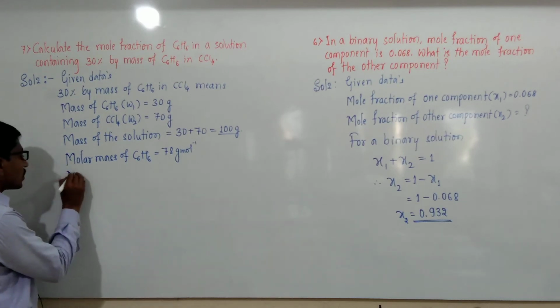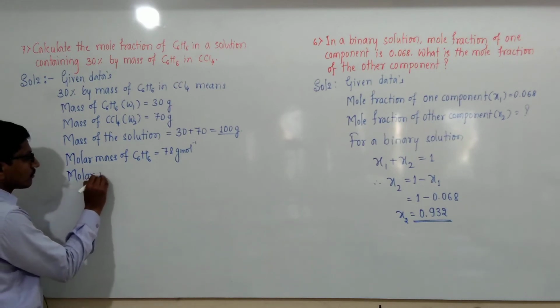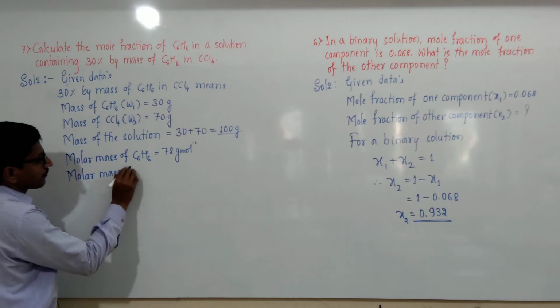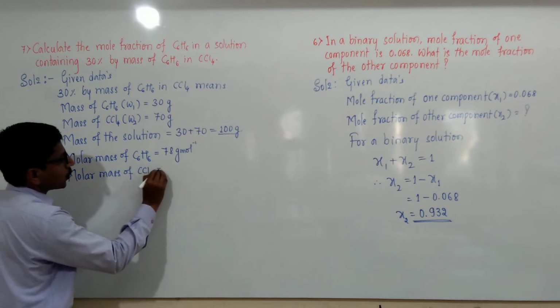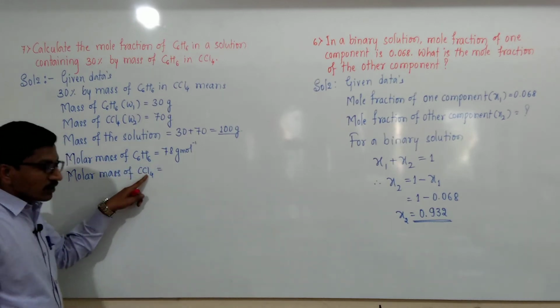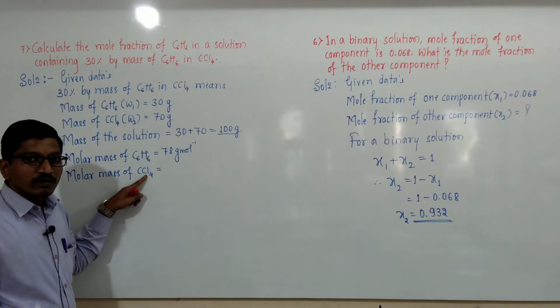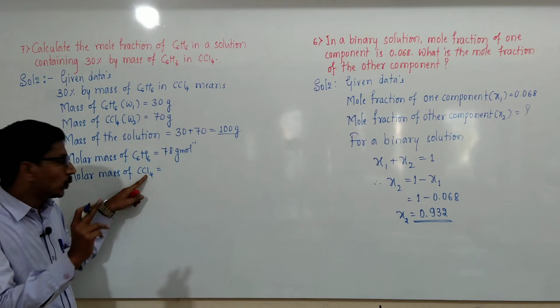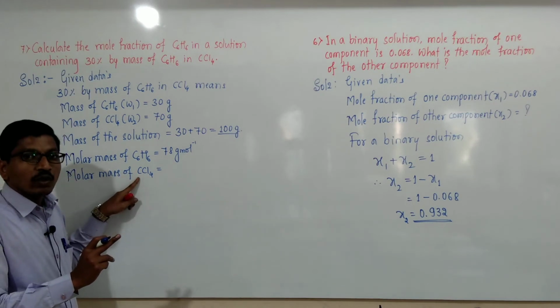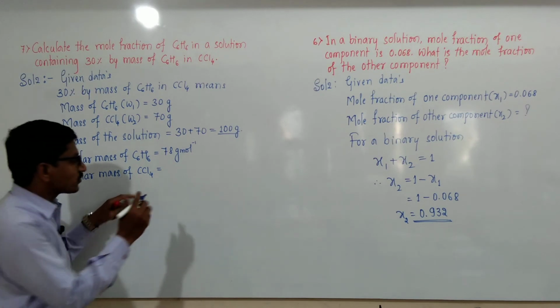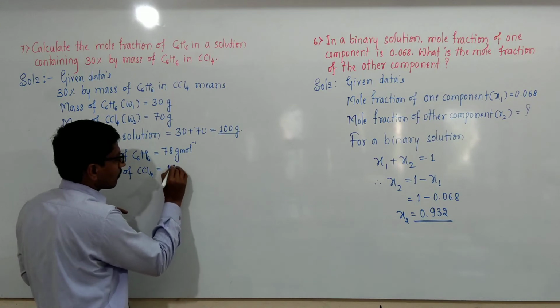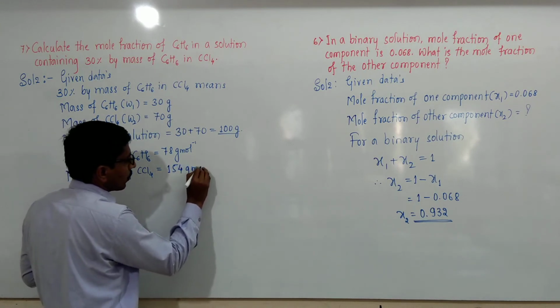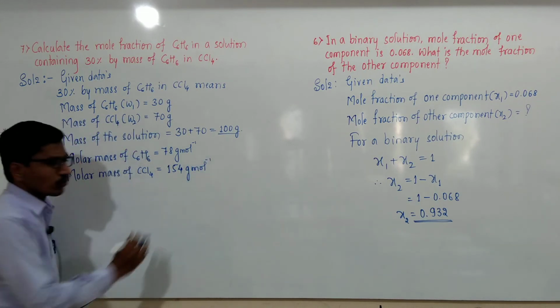And molar mass of CCl4 is equal to chlorine 35.5 into 4, that means 142, plus 12, that means 154 gram per mole. These are the molar masses.